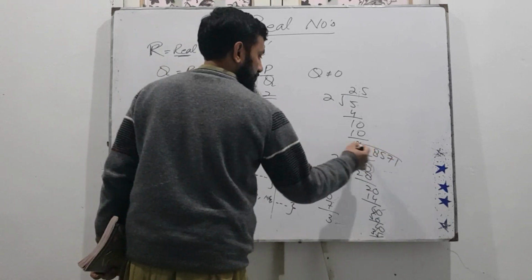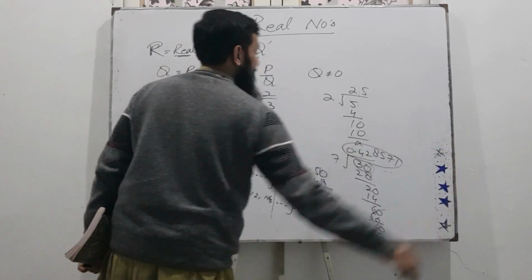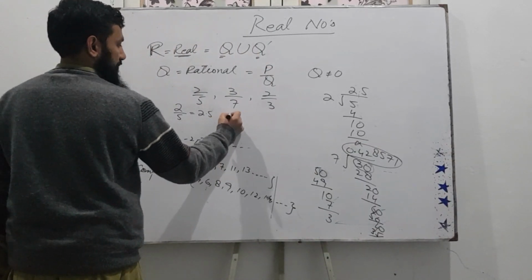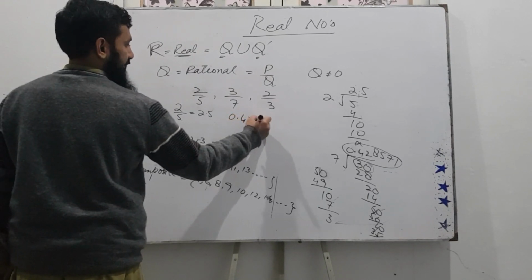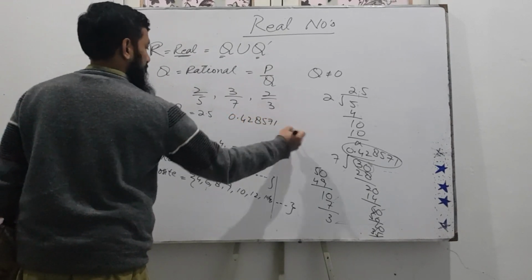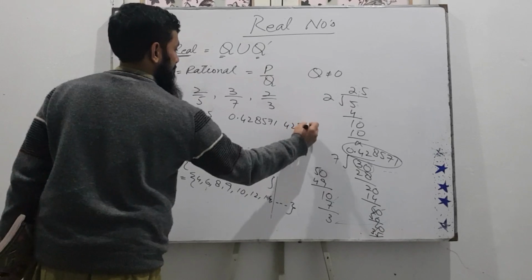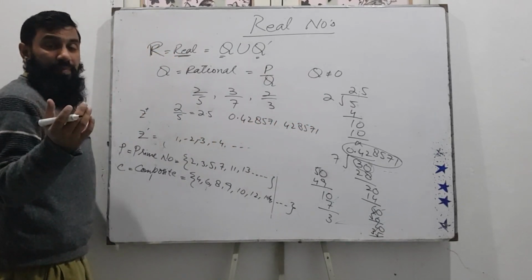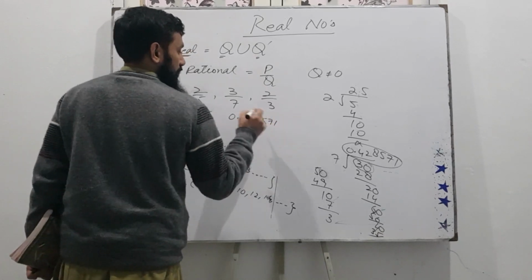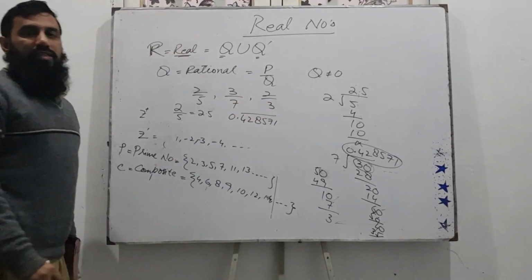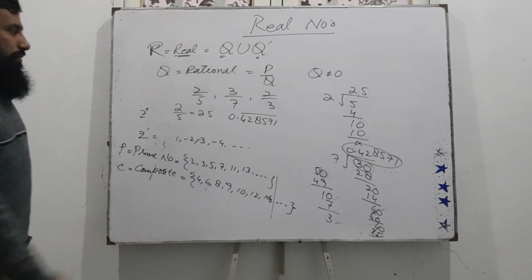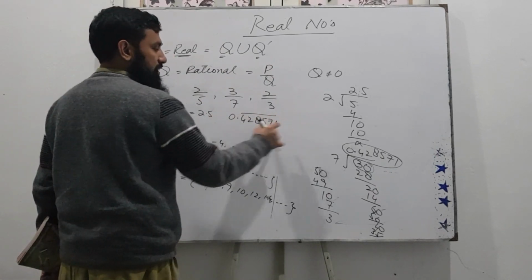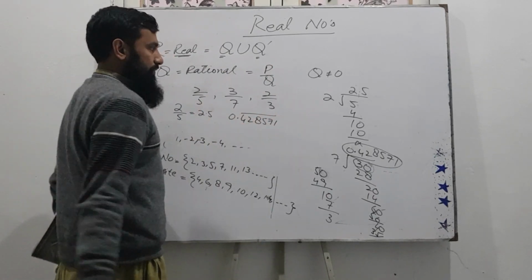It means this will repeat itself. It means 0.428571 and it will repeat again, 428571. So when a fraction number repeats itself, we mark a sign of dash over it. This sign means that this number will be repeated again.